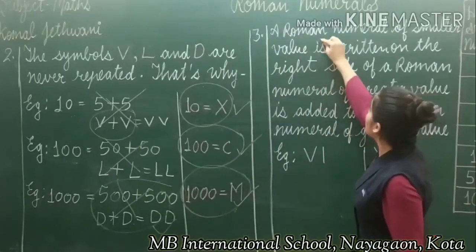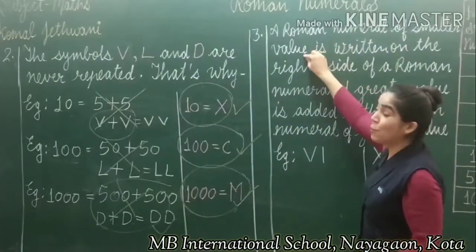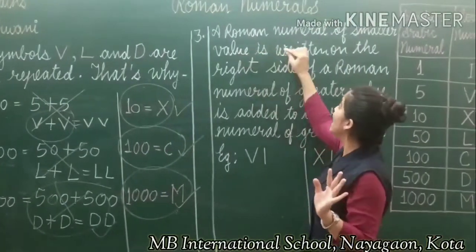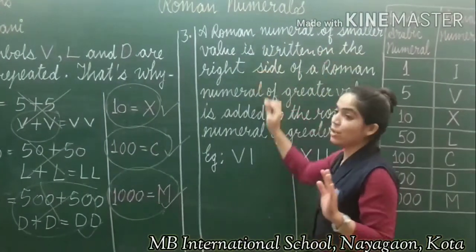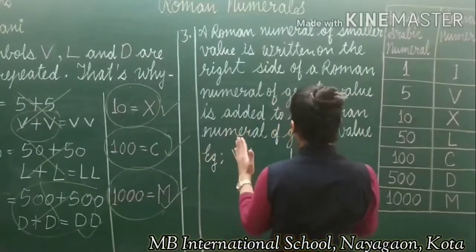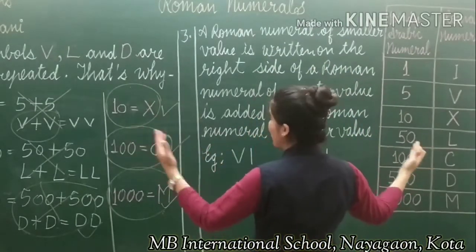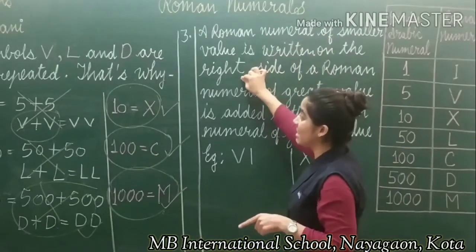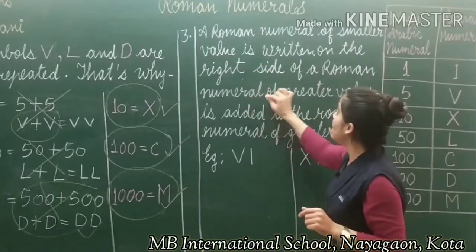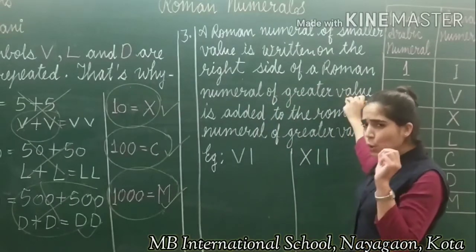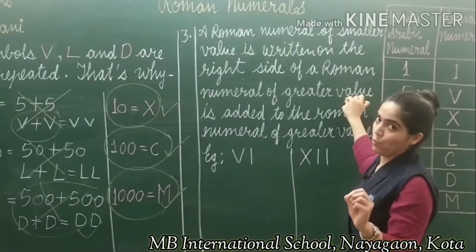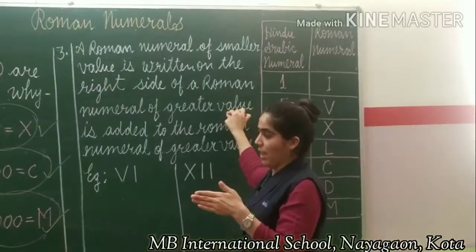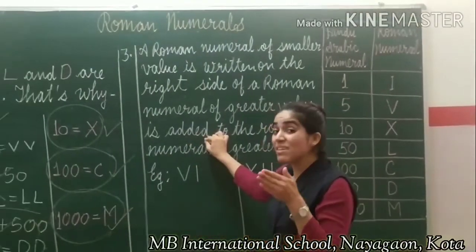Next rule: a Roman numeral of smaller value, वो रोमन न्यूमरल जिसकी वैल्यू स्मॉलर है, is written on the right side. You know this is the right. If you see the board, this is the right side and this is the left side, meaning right hand. If the smaller value Roman numeral is written on the right side of the Roman numeral of greater value, अगर कोई भी छोटी वैल्यू वाला रोमन न्यूमरल बड़ी वैल्यू के रोमन न्यूमरल के राइट में लिखा हुआ है, so it is added, तो हमें उसे ऐड करना है.